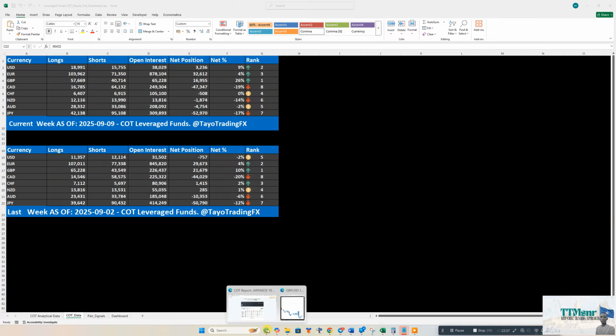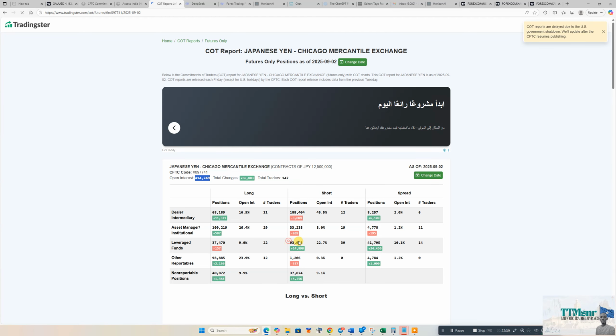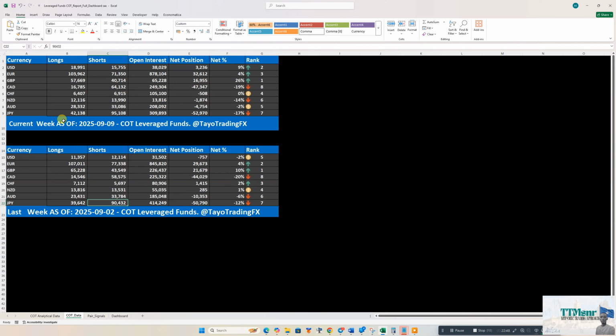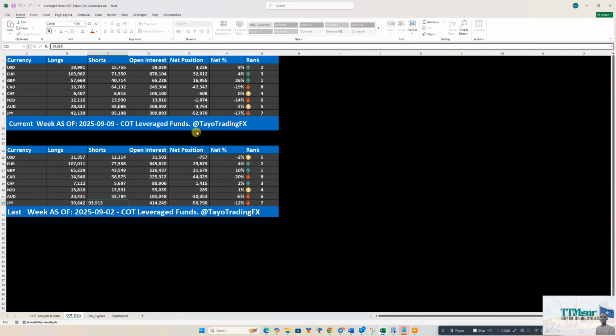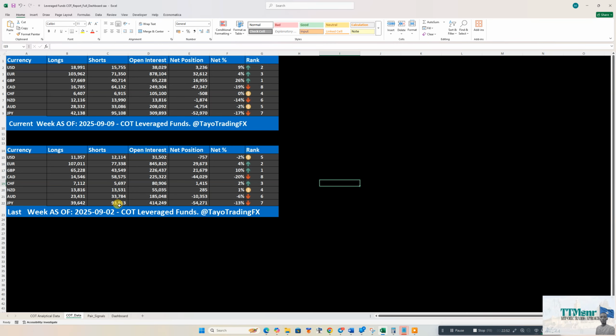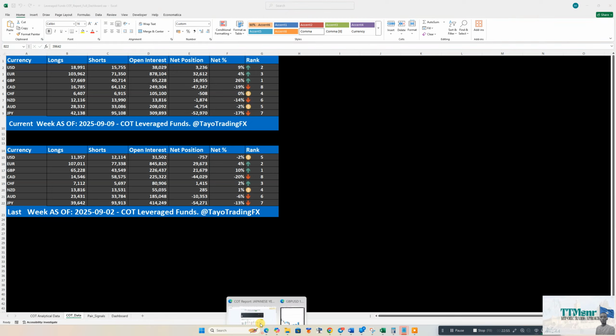So it's short positions. We place here, and then long positions.